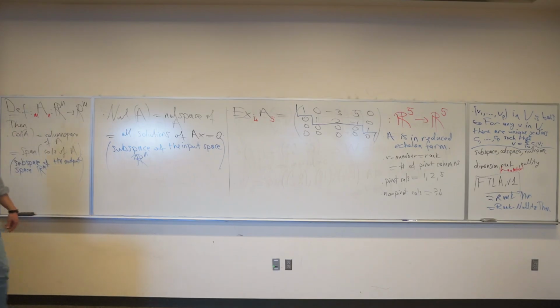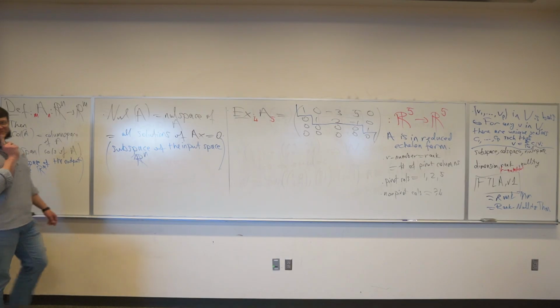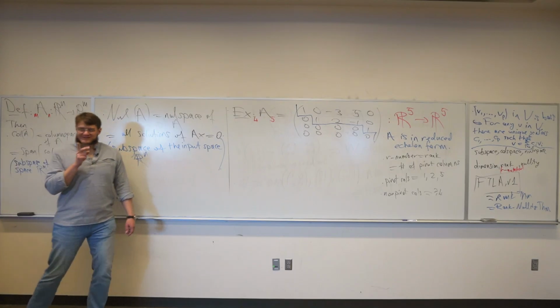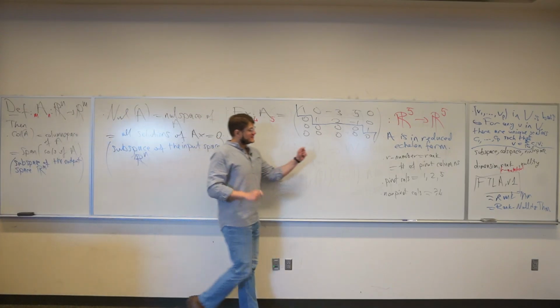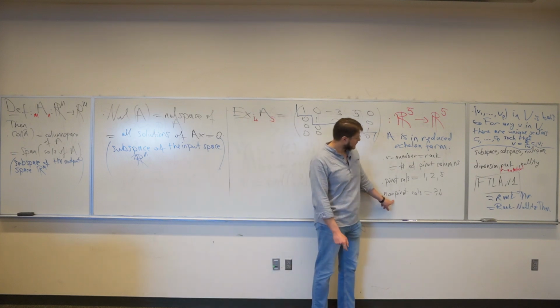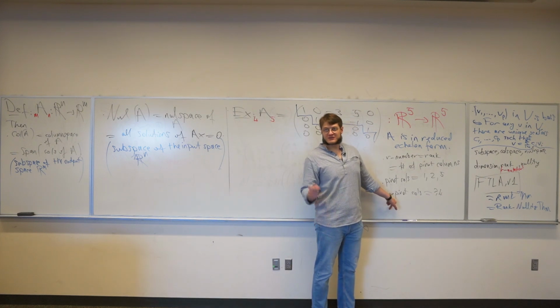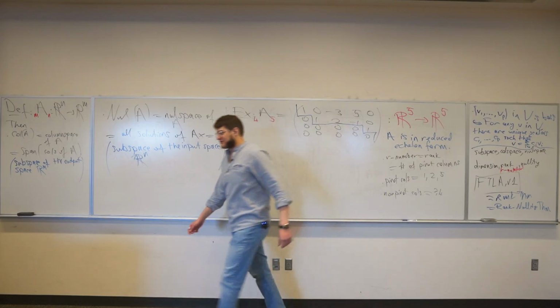Any other guesses? Okay, 2. The number of non-pivot columns is going to be the same thing as the number of free variables you're going to see, always.